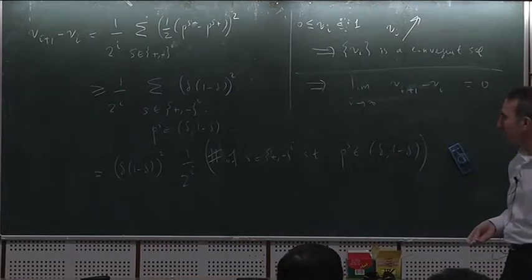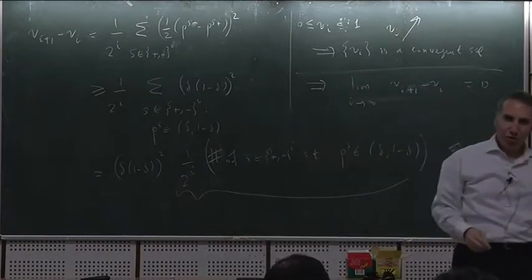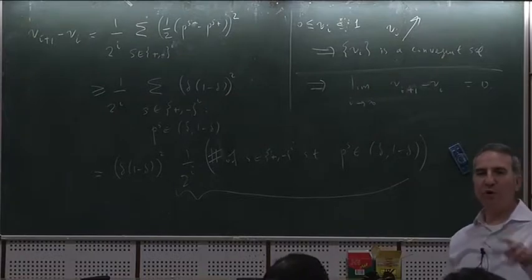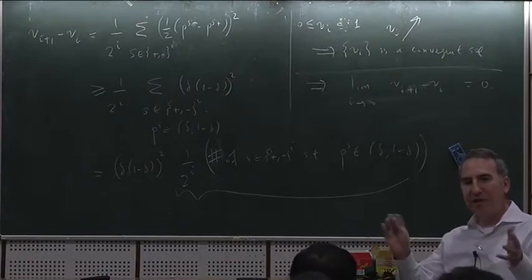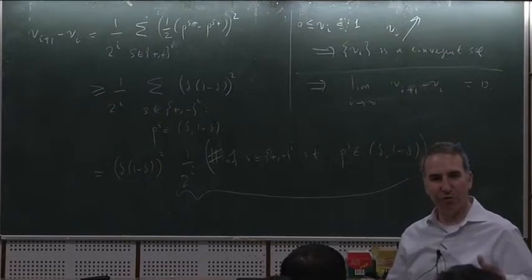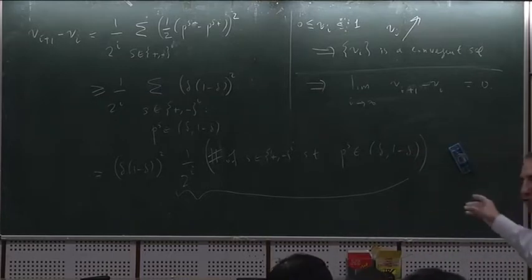So this quantity here is nothing but the fraction of unpolarized channels. Unpolarized in the sense of being delta away from 0 or 1. So they're neither close to 0 nor close to 1. They're strictly delta away. That's the fraction of these channels.